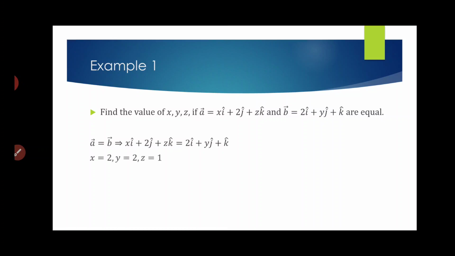Clear? Next, number 2. Find the unit vector in the direction of a, 2i plus j plus 2k. Now as I told you, remember, to find the unit vector I need to divide the vector by the magnitude.